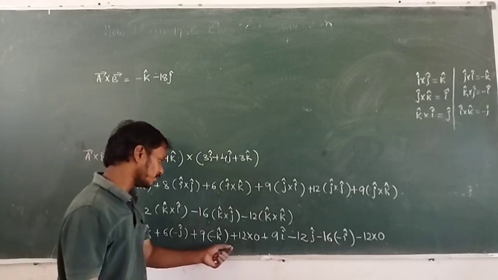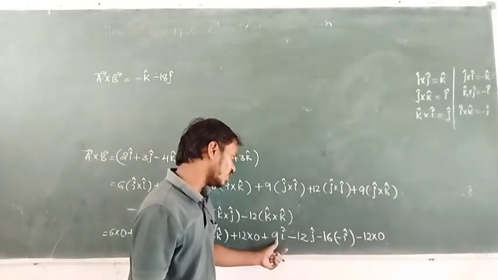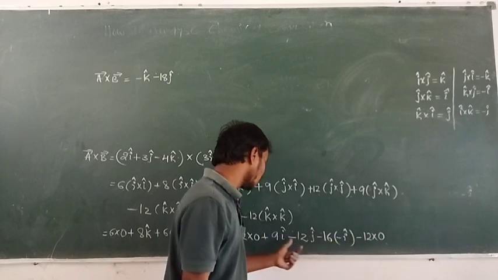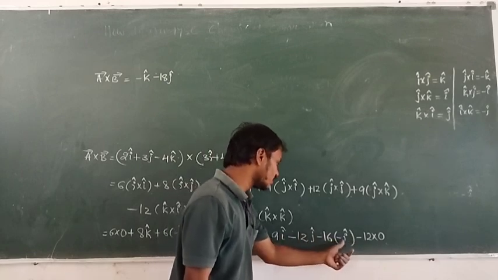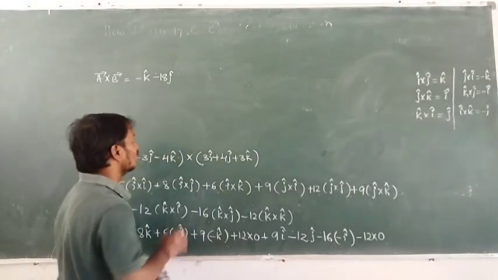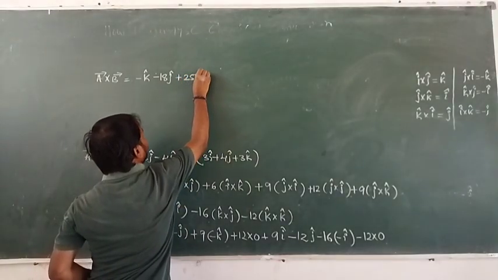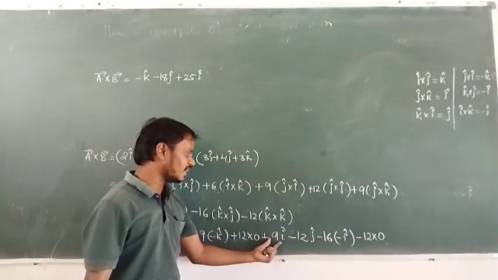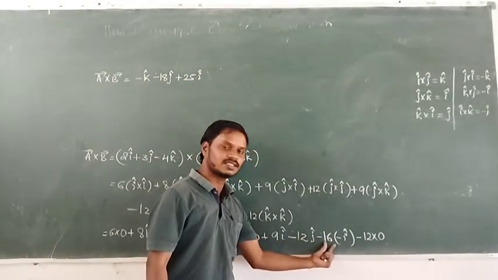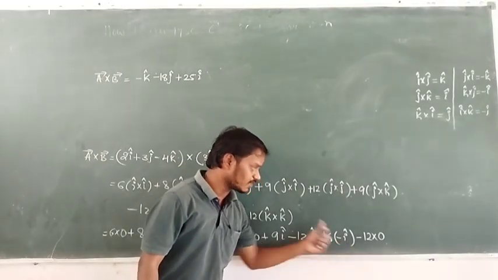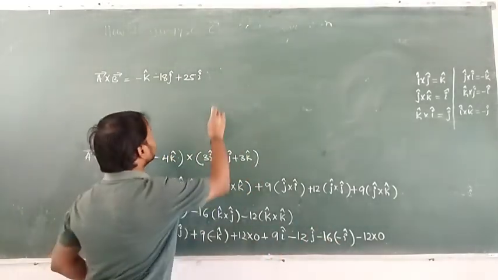Next, i. 9i, minus into minus gives plus 16i. 9i plus 16i, that is 25i, because minus into minus is plus.